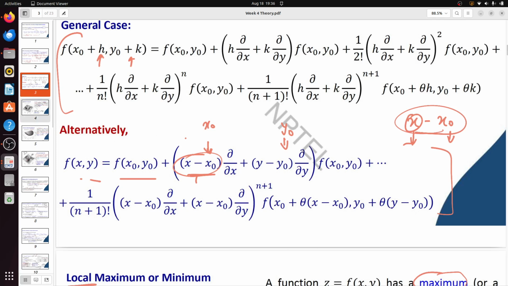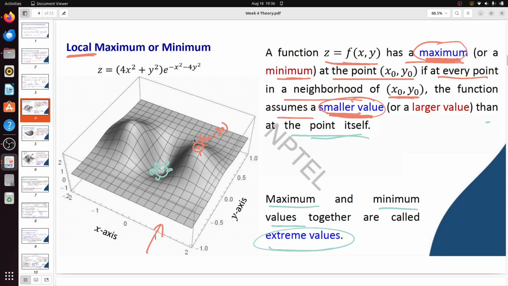Now how is Taylor's theorem useful? Taylor's theorem is useful to determine... Now we will move into a different aspect, that is called maximum and minimum.